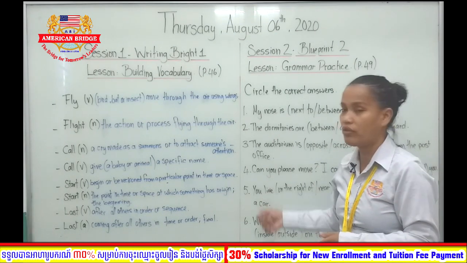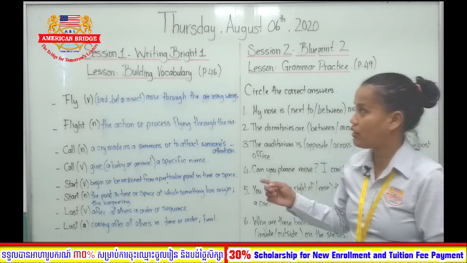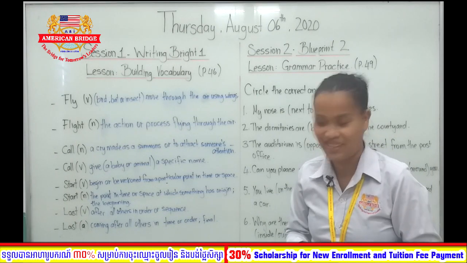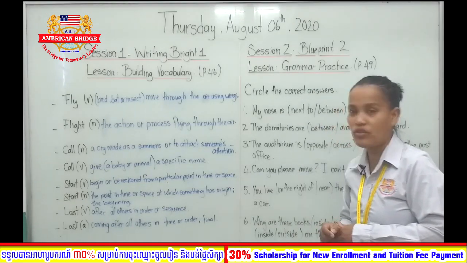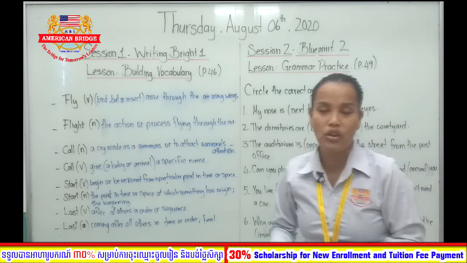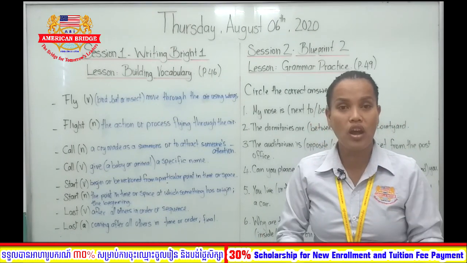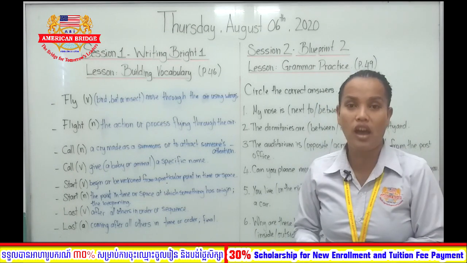Before the beginning of our lesson, I always do a quick lesson review on what we've done so far, but I forgot about it this session, so that's okay. I will ask you at the end of the session. Another start is from a particular point. For example, if you were playing a sport like running, you would start at the starting point of your running. So you start at the starting line.